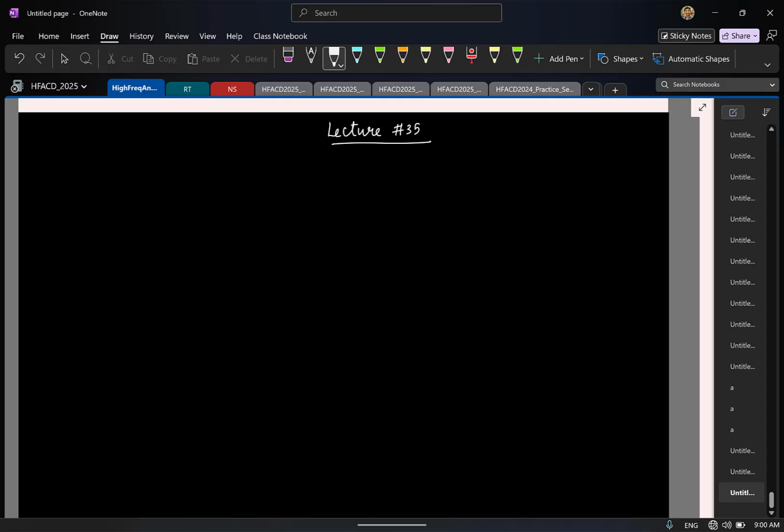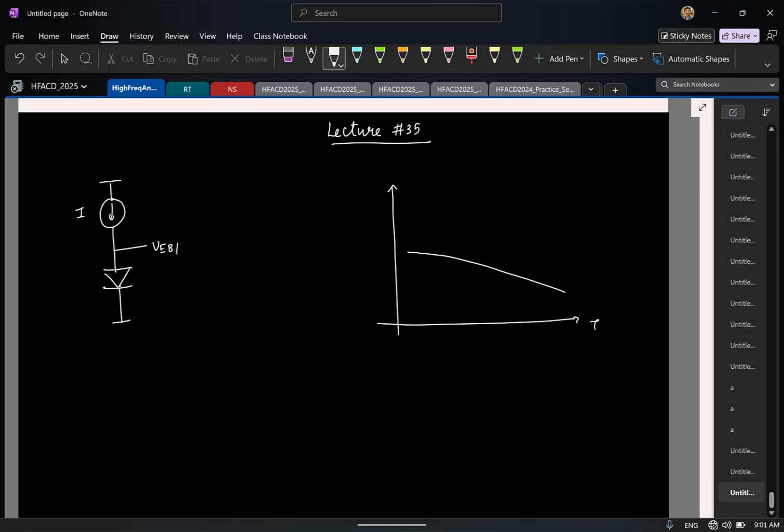Okay. So in the last class we were looking at how to form a good voltage reference on chip. The starting point was the observation that if you have a forward bias diode, the voltage across the diode is roughly constant. But the issue was the following: if you change the temperature and measure the same voltage, the diode voltage kind of drops with temperature.